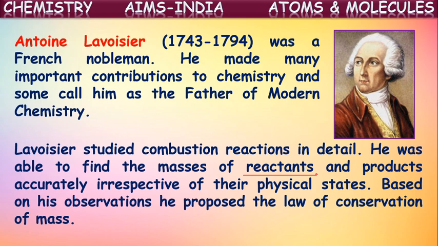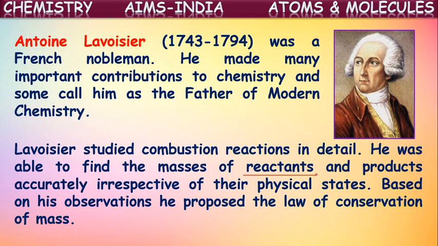Iron metal is reacting with atmospheric oxygen in the presence of moisture. In this chemical reaction, the substances participating in the reaction are the iron rod, atmospheric air, that is nothing but oxygen, and moisture or water vapor. These three are participating in the reaction, so these three are called the reactants.